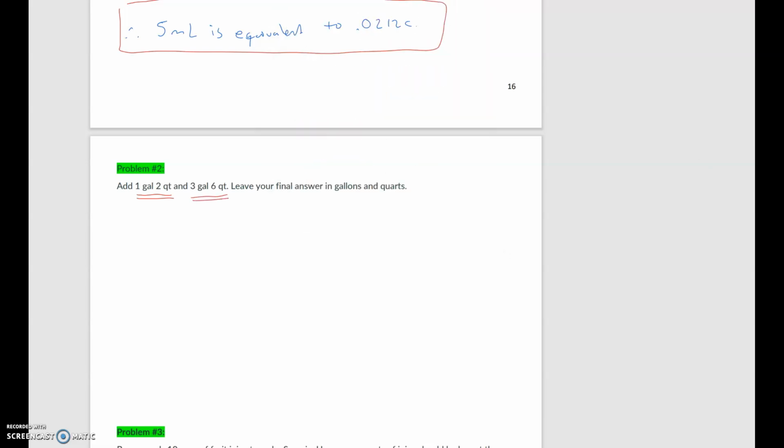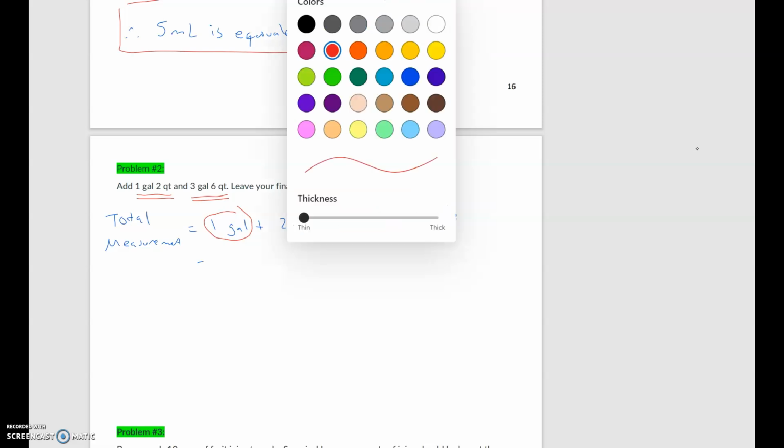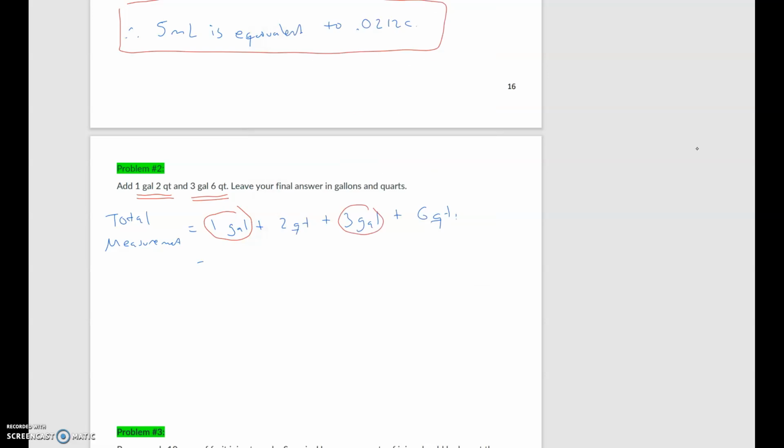So the total measurement is going to be equal to 1 gallon plus 2 quarts plus 3 gallons plus 6 quarts. And in this case, let me add the proper units. So in terms of gallons, we have 1 and 3. So that's going to give us 4 gallons.